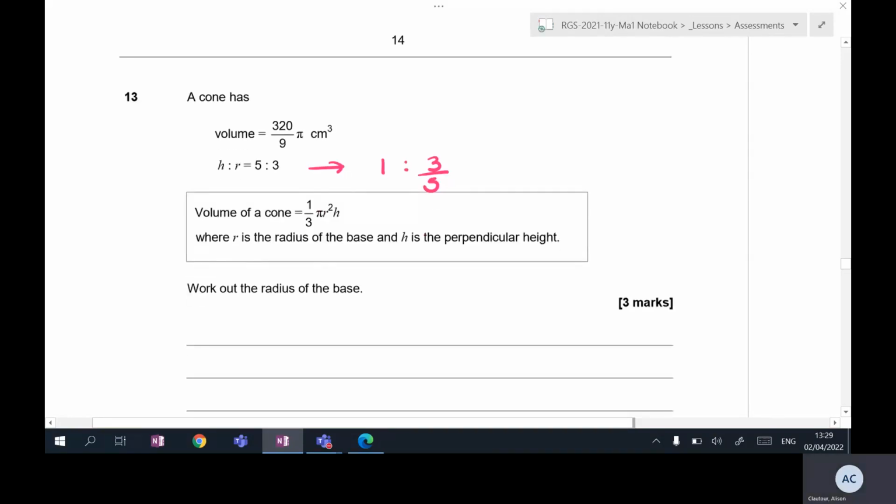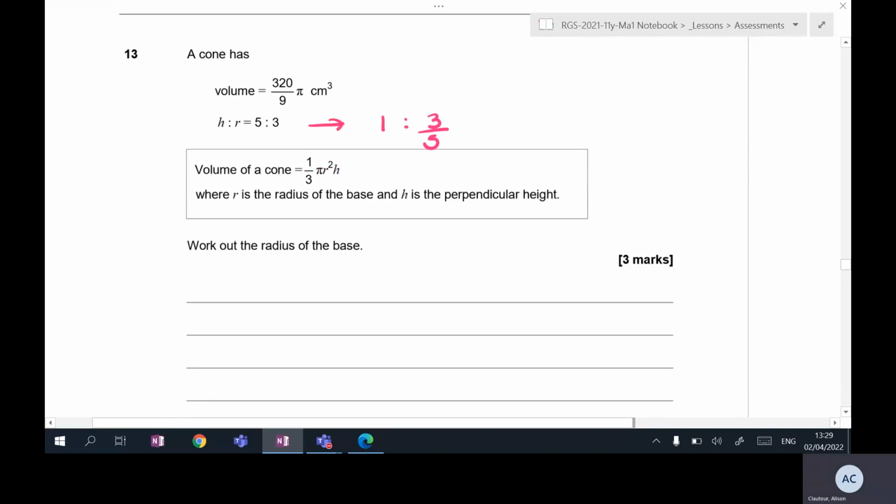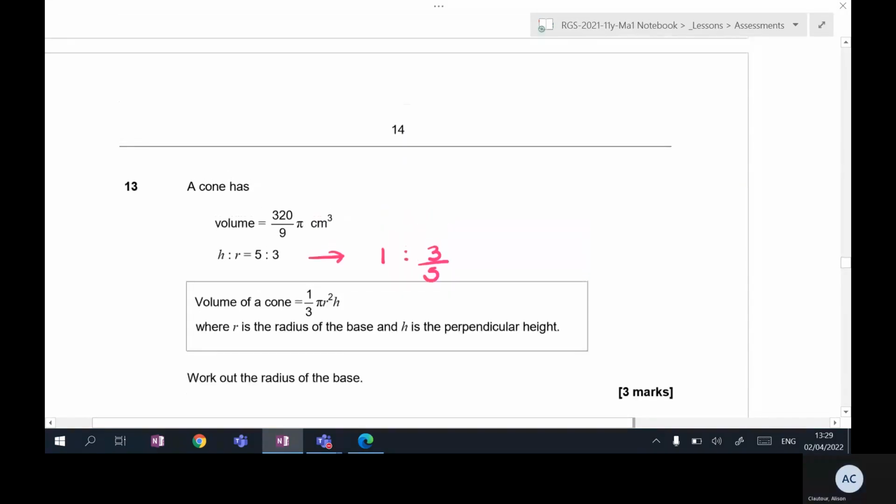If you simplify the ratio, you'll see why I've done that in a minute. That means we can get an expression for h in terms of r. So that means our radius is 3/5 of whatever h is.